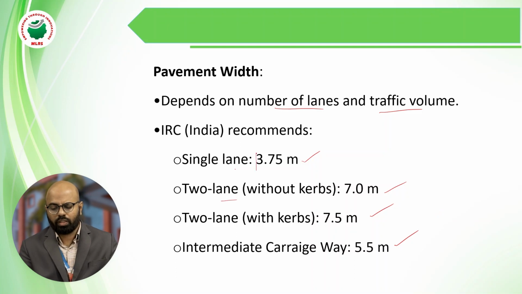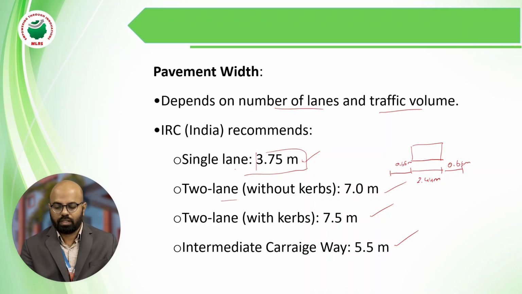How have they arrived at this? Because the width of the design vehicle we consider as 2.44 meters, okay, and the offset is 0.66 meter, okay. From this, we arrive at the width of the single lane, that is 3.75 meters, okay.